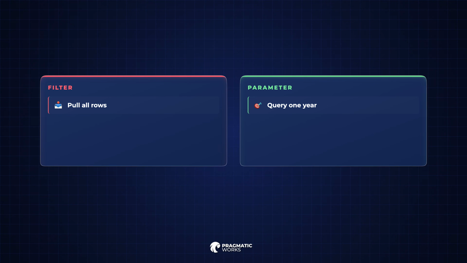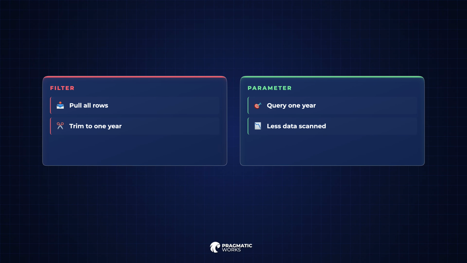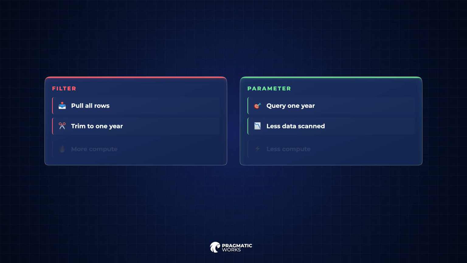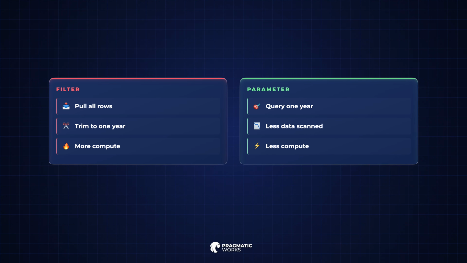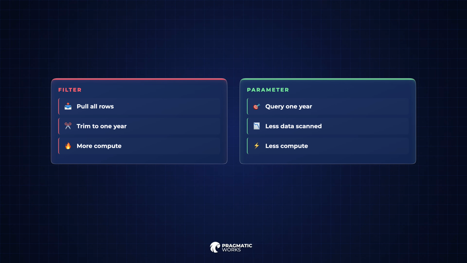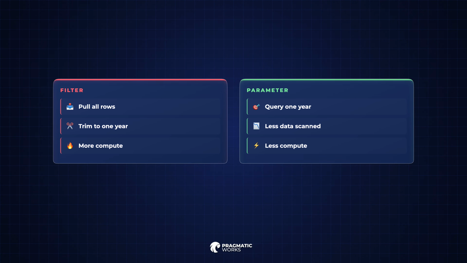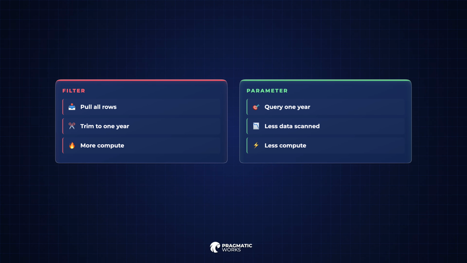So let's look at it this way. With filters, if I am filtering across 10 years of sales data, then I apply a filter that says, actually, I only want to see the last year of sales data. Well, as far as compute goes, what we had to do first was populate 10 years of sales data. Then we just filtered down to 1 year. That is the filter side. A parameter would allow you to remove the need to populate the 10 years of sales data.